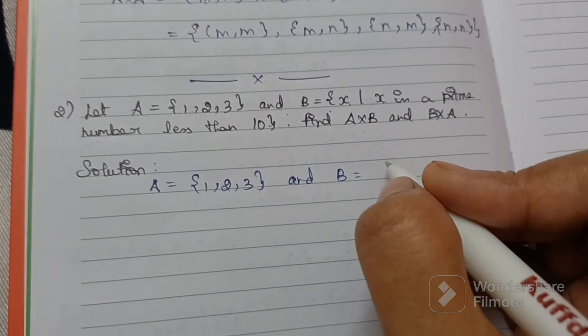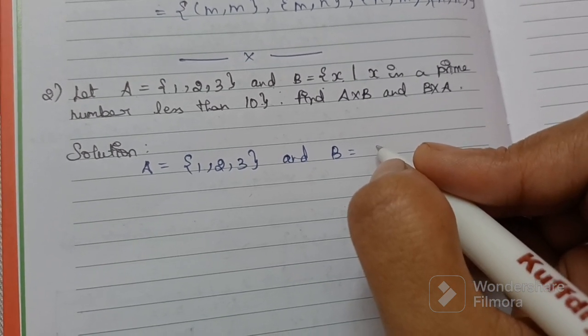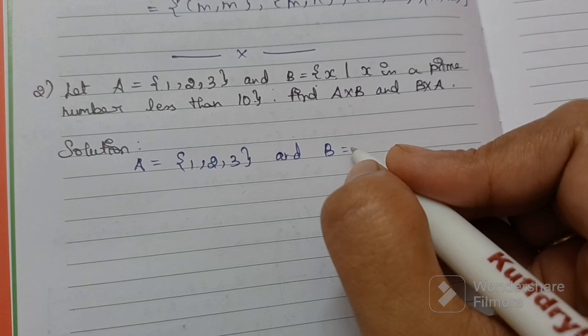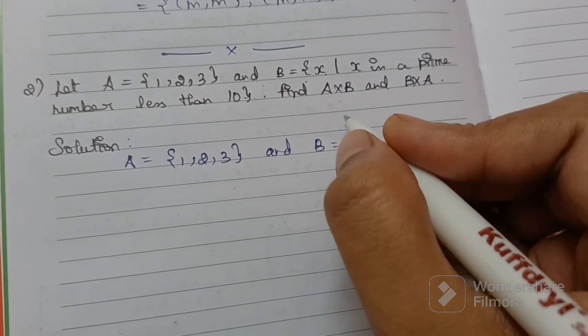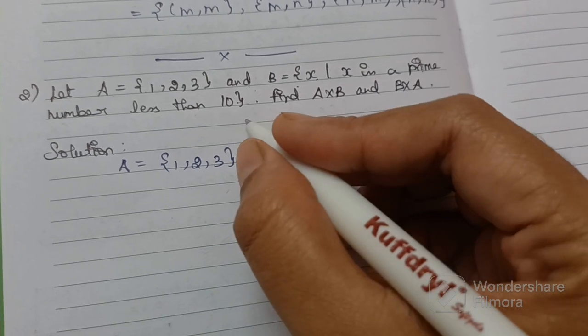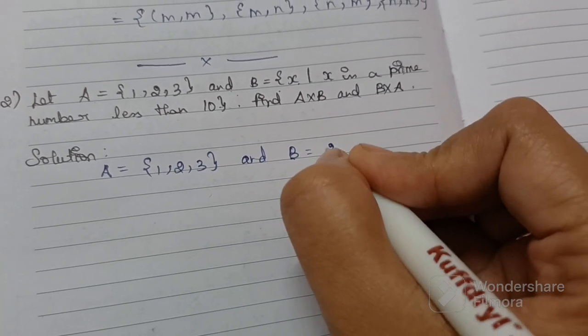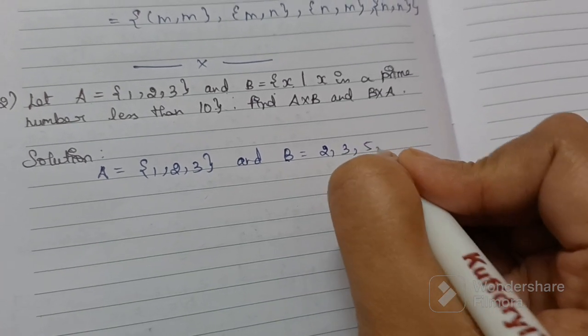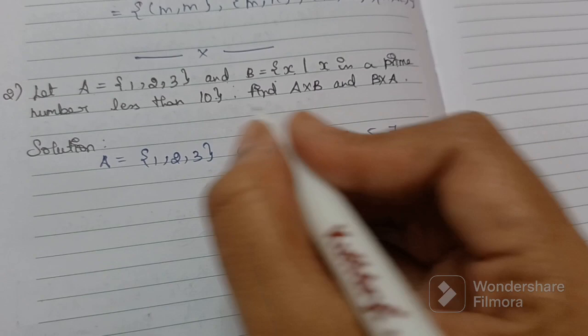We know that prime numbers are numbers which are divisible by itself and by 1 and not by any other numbers. So what are the numbers less than 10 which are prime numbers?